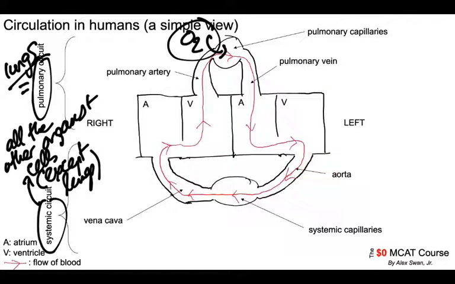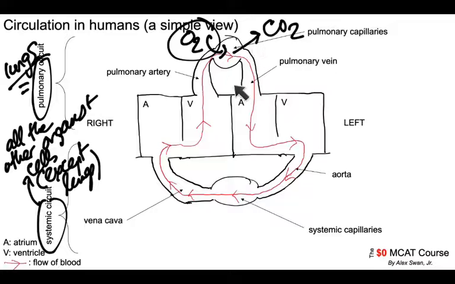Oxygen from the air that we breathe in, which will end up in our lungs, and thus is going to be accessible to blood flowing in these pulmonary capillaries. And it's going to get rid of CO2, right? This CO2 is the byproduct of respiration that is present in blood that goes to the pulmonary capillaries.